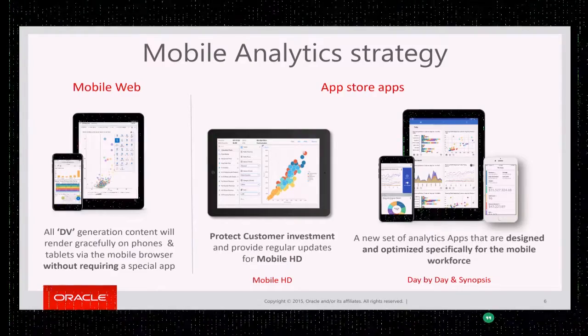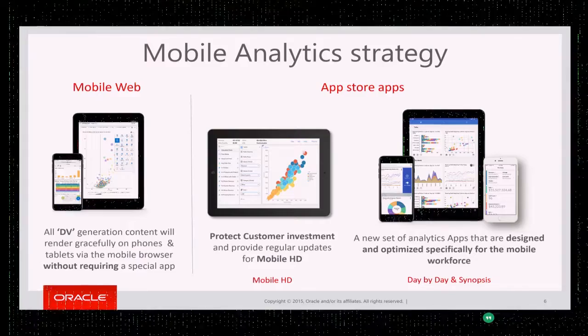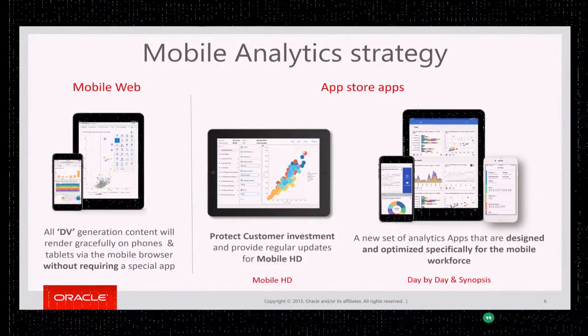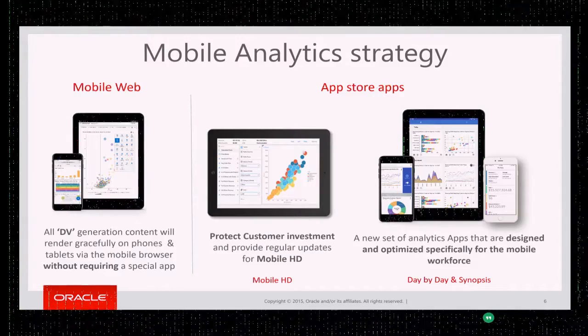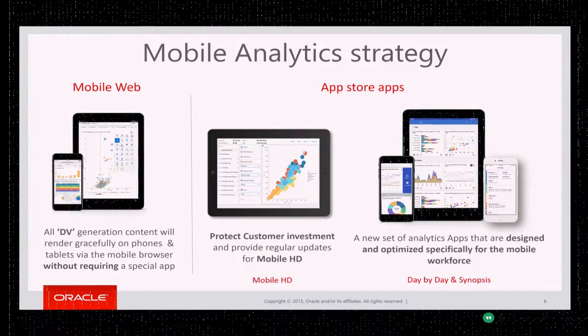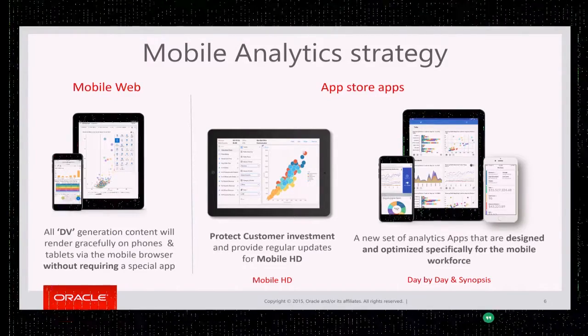Today, when you hit a DV, a data visualization URL on your phone, it'll gracefully adapt. The menus move, the UI changes specifically to accommodate a phone. It's like when you go to your banking website, it looks a little different than if you hit the same URL on your desktop browser.